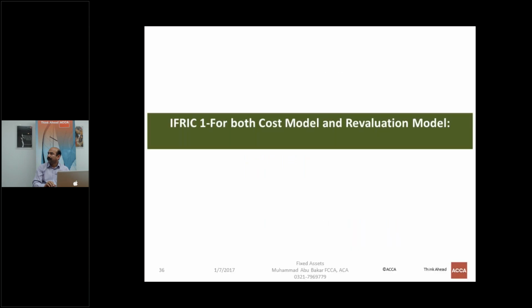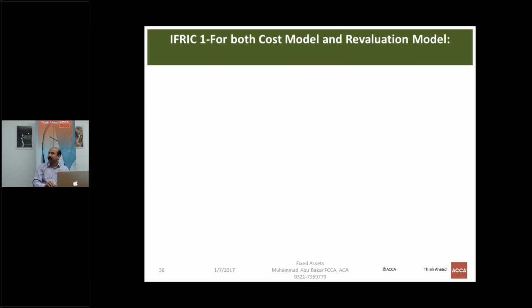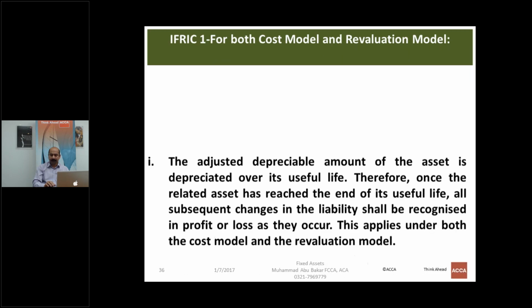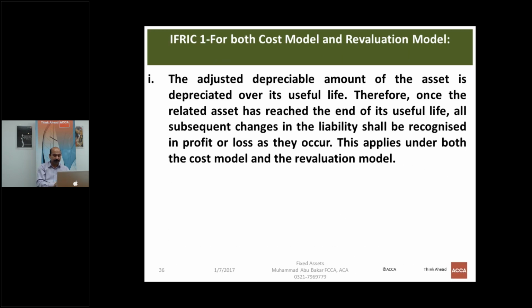we have seen this illustration, and then for both cost model and revaluation model, the adjusted depreciable amount of the asset is depreciated over its useful life. Therefore, once the related asset has reached the end of its useful life, all subsequent changes in the liability shall be recognized in profit or loss as they occur.